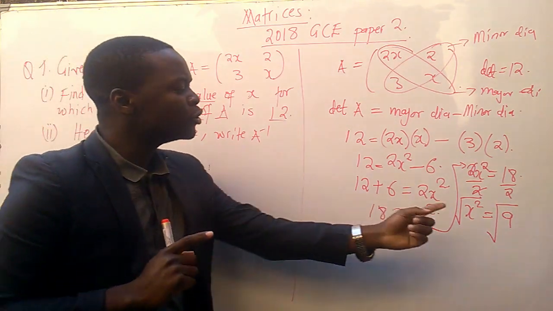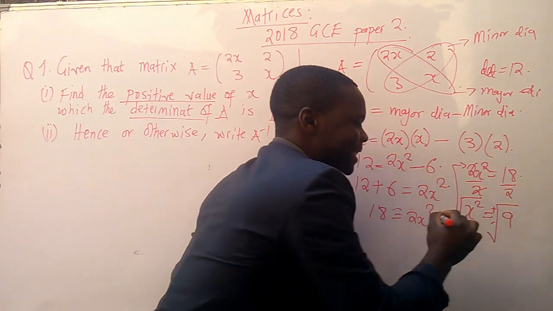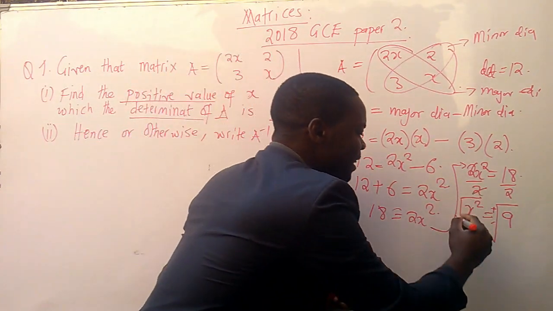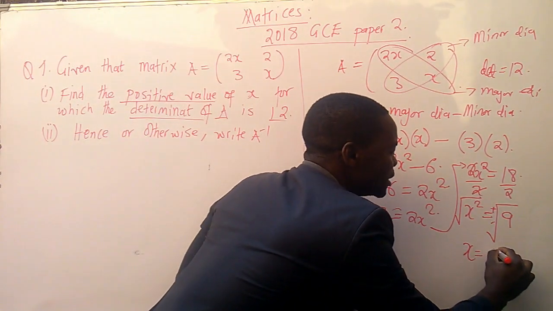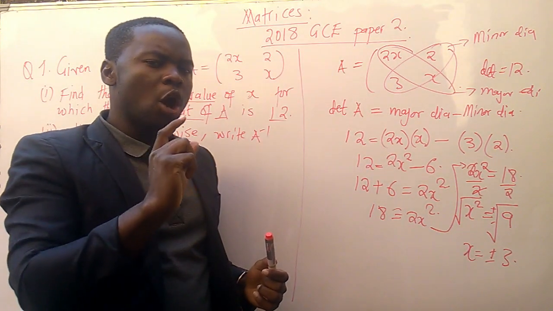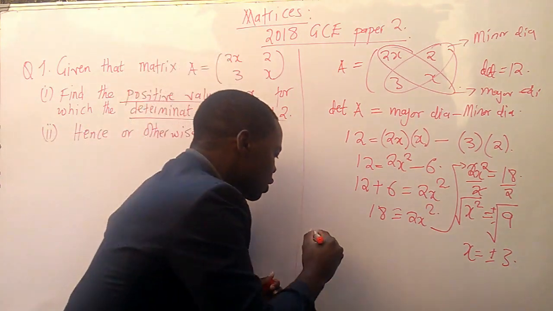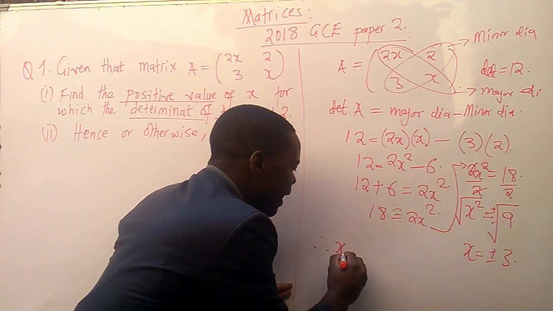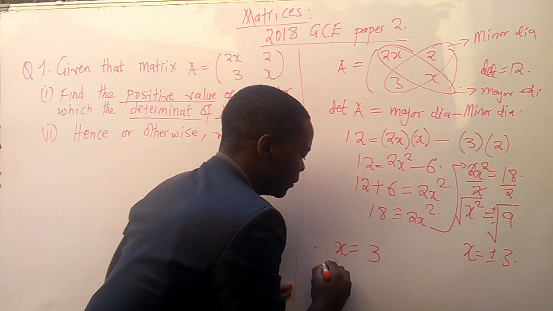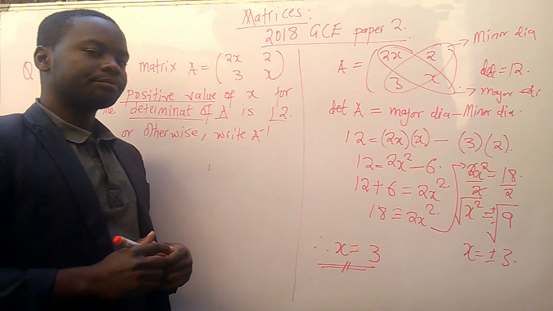It's because when you introduce a square root, we always introduce positive or negative. So meaning that this answer is going to have positive or negative 3. But remember that we are looking for the positive value of x. Therefore, x is equal to 3. This is the value of x.